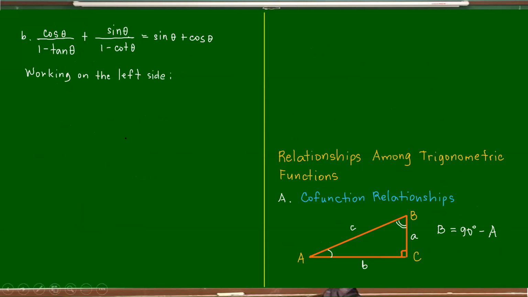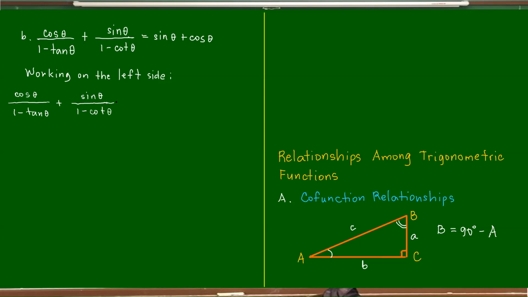Let's now have the second one. Cosine theta all over 1 minus tangent theta, plus sine theta all over 1 minus cotangent theta.